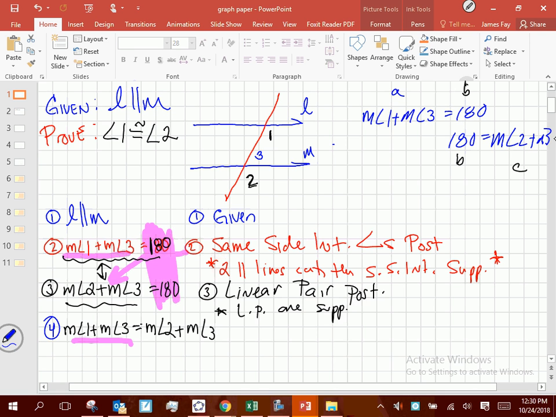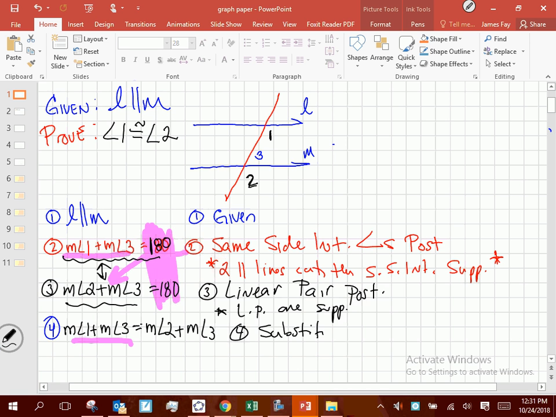That's the transitive idea, right? If you want to do that, I don't have any issues with that. Most textbooks, Math Excel, that kind of thing, are probably going to use substitution. But you can argue transitive there. I don't have an issue with that.